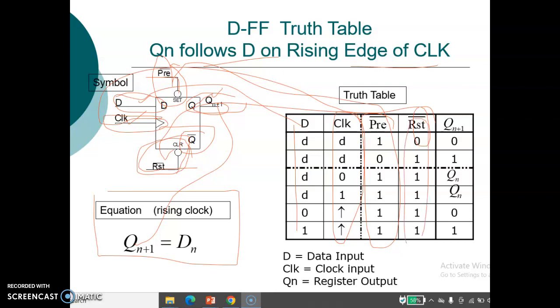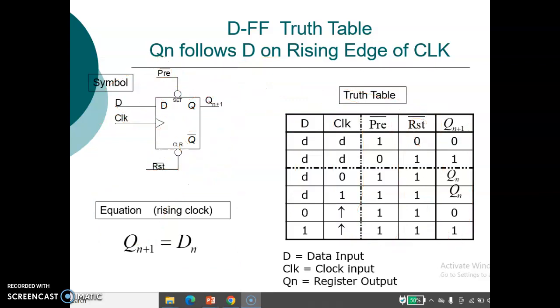This one, Qn plus 1. Qn is reset output. Here output. This is for Qn plus 1. So we got Qn plus 1 Dn here.